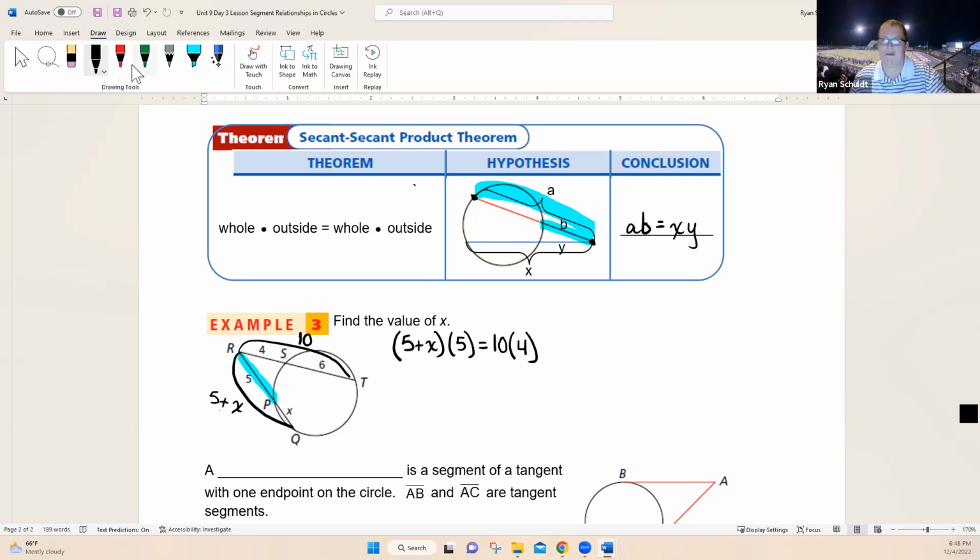Let's distribute our 5. So 5 times 5 gives us 25. 5 times x gives us 5x. So 25 plus 5x equals 10 times 4, which is 40.